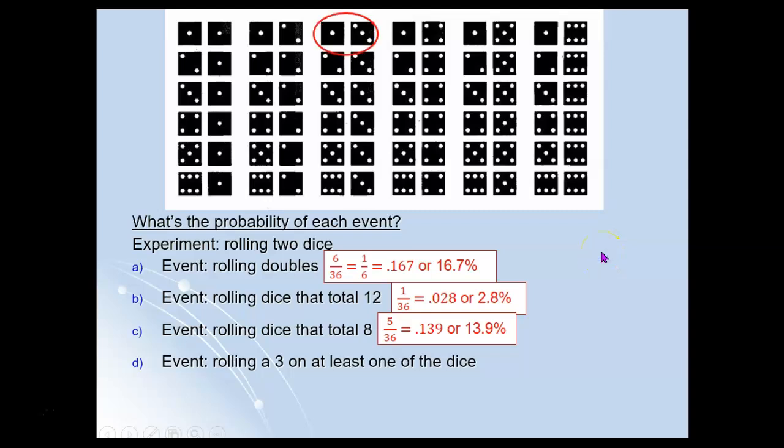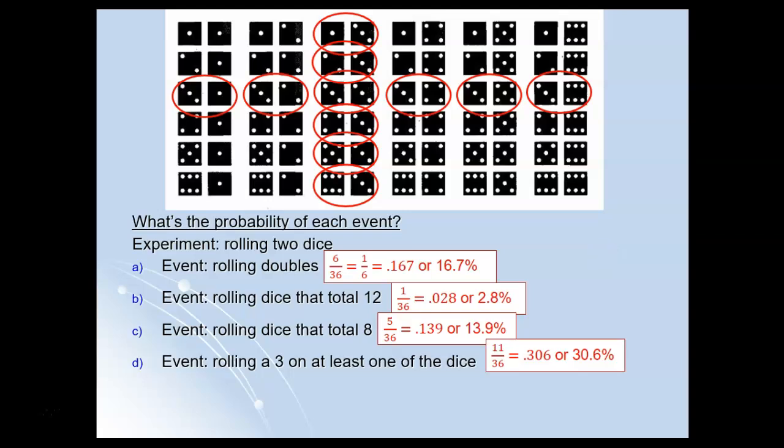There's 1, 2, 3, 4, 5, 6, 7, 8, 9, 10, 11. So the probability that you would get a 3 on at least one of the dice is 11 over 36, which is 0.306 or 30.6%.